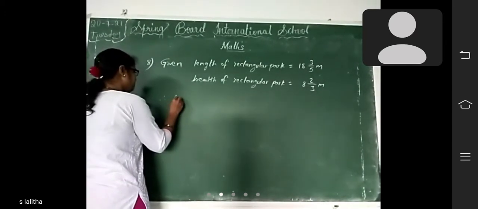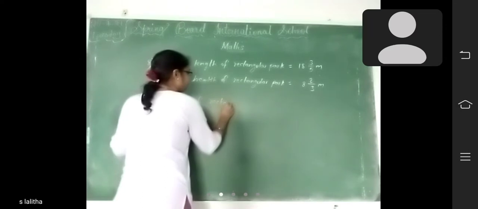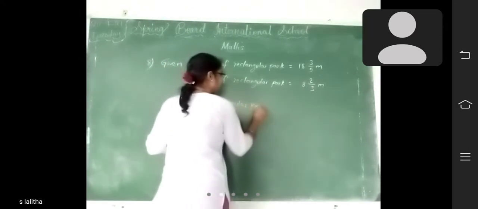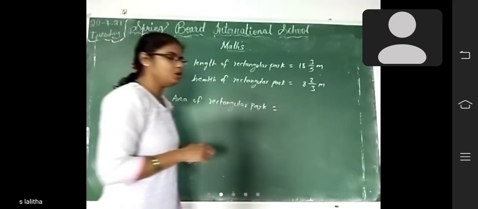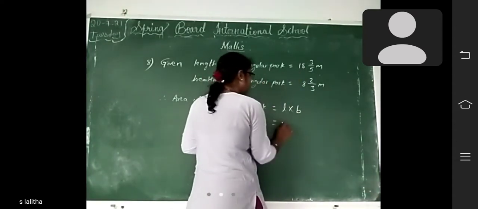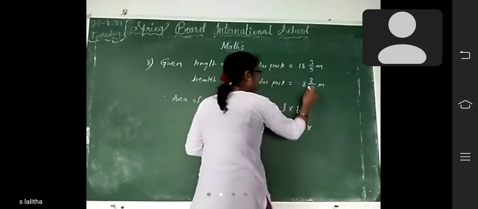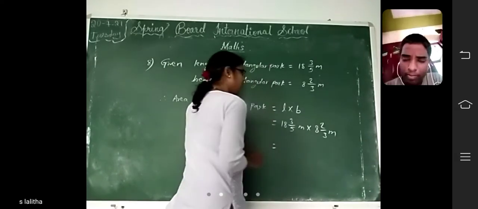So therefore, area of rectangular park equal to, what is the area of rectangle formula? Length into breadth. What is the length? 18 3/5 meters into breadth 8 2/3 meters.